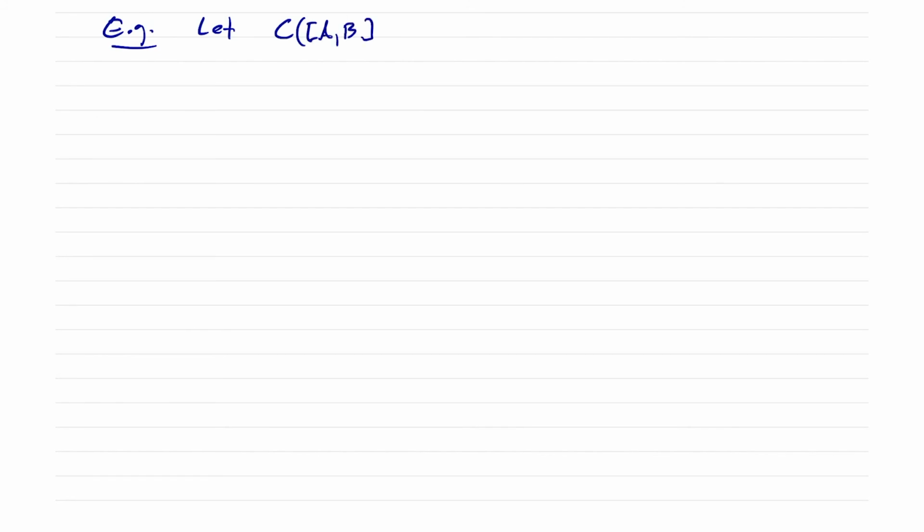And we haven't defined continuous functions, but just thinking of continuous functions as coming from calculus, we're going to let C([a,b], R) be the collection of continuous functions on the interval a to b.